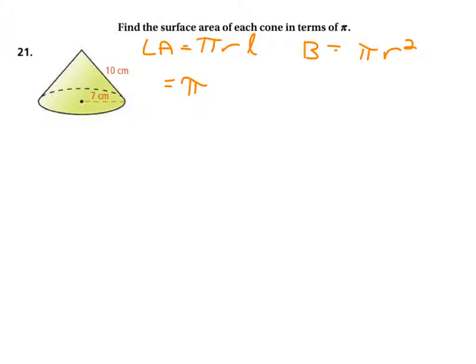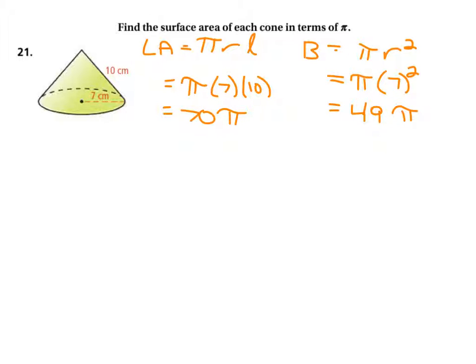So let's plug the numbers in. Pi is pi. The radius is 7. The slant height is 10. For the base, we've got pi times the 7 radius squared. Okay, so pi times, let me see, 7 times 10 is 70, so 70 pi. 7 squared is 49, so 49 pi.